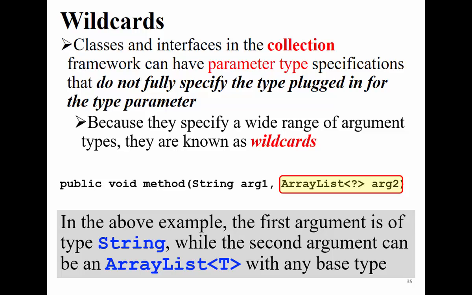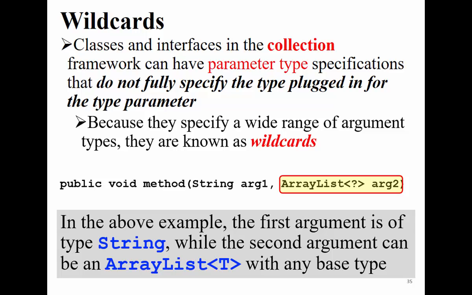So you put a question mark to say I will give you an array list of any type. It's the same as if you take this array list with this question mark and you put array list between the triangle brackets capital T, because capital T can be any type, a generic type.